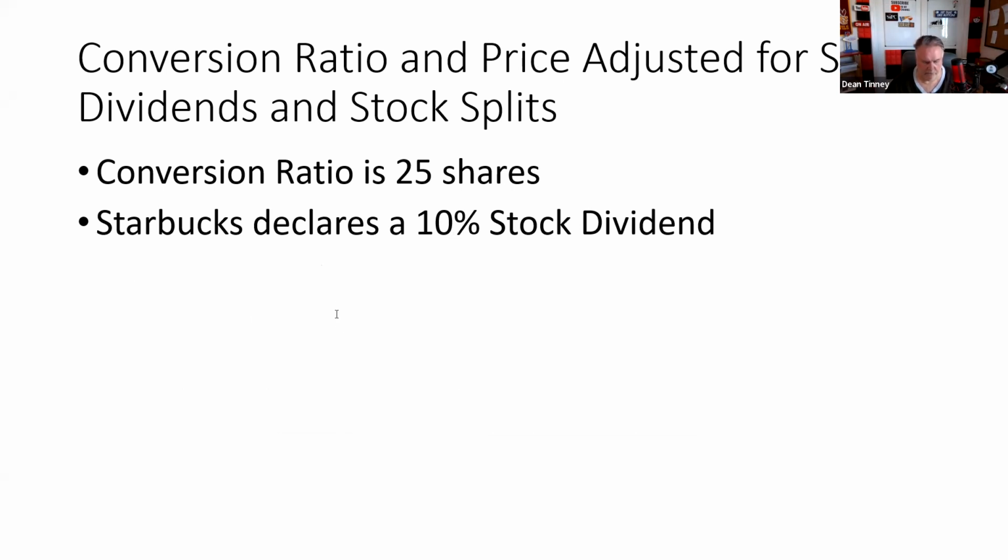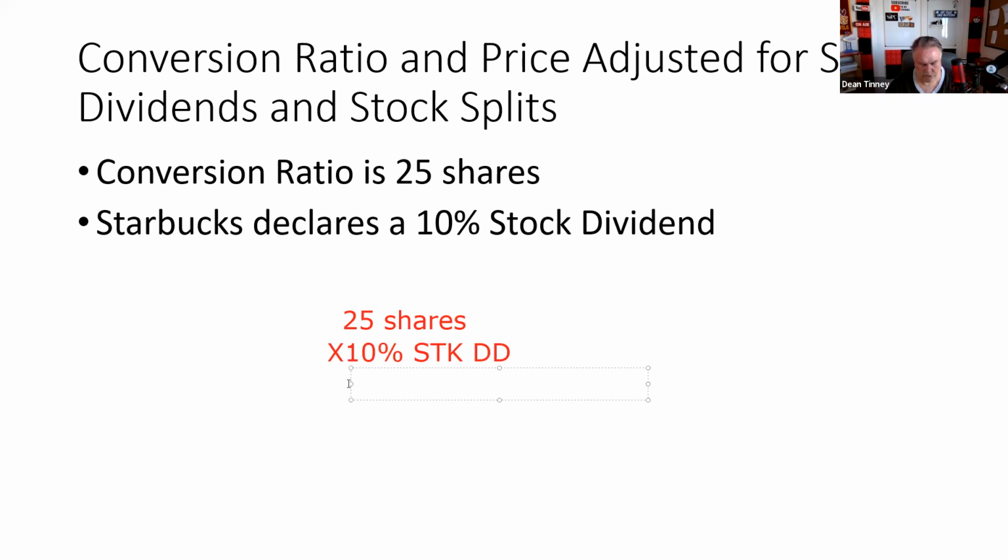So I take my conversion ratio of 25 shares and multiply it by 10%, the stock dividend, to find out how many additional shares I want. I find that I'm going to want 2.5 more shares, so we have to adjust the conversion feature for another 2.5 shares.